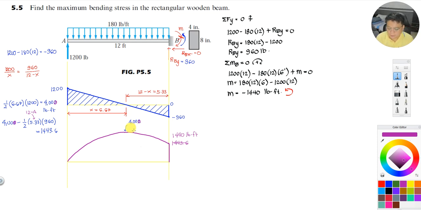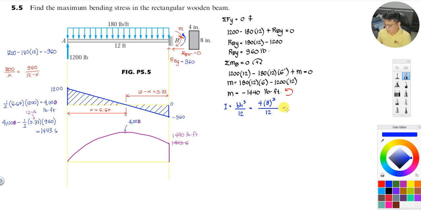Okay? Now, tinatanong kasi niya is the maximum bending stress. So, definitely, eto siya. Okay? So, we can have it now the value of the I. Okay? So, we can have I equals to BH cube all over 12.